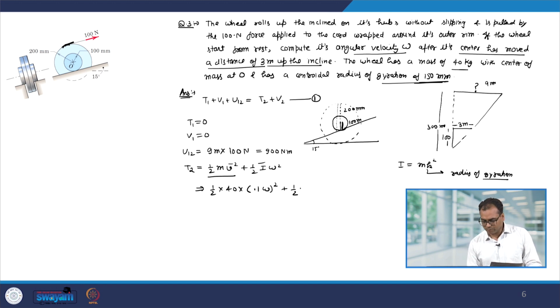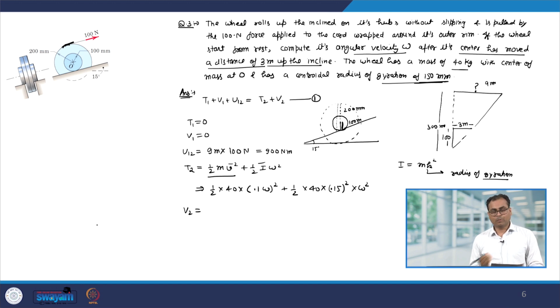So, therefore, that will be m is 40 into k square, k is 0.15 square into omega square.